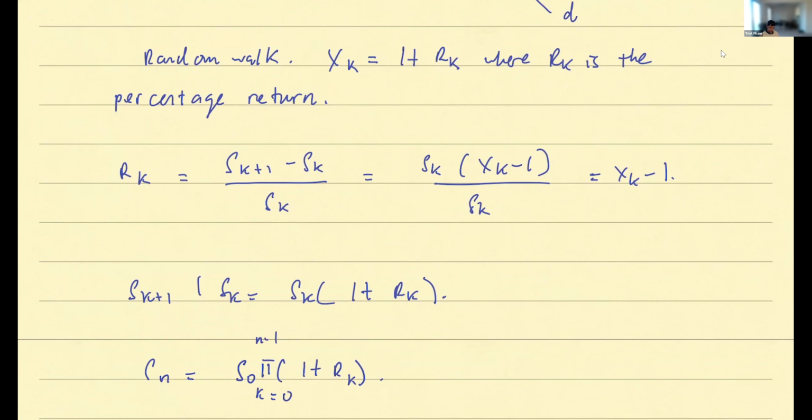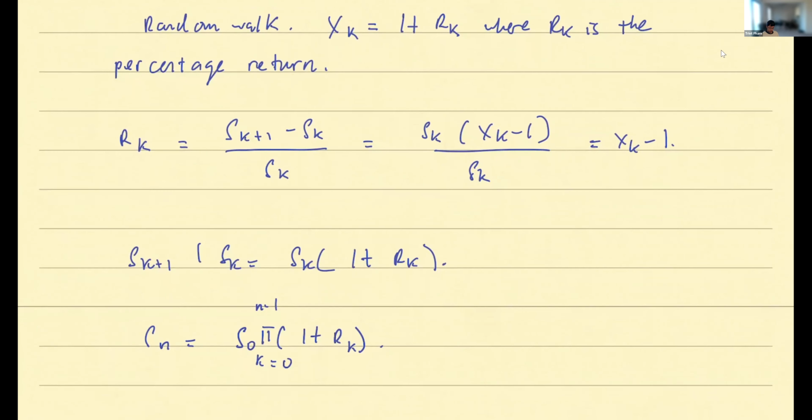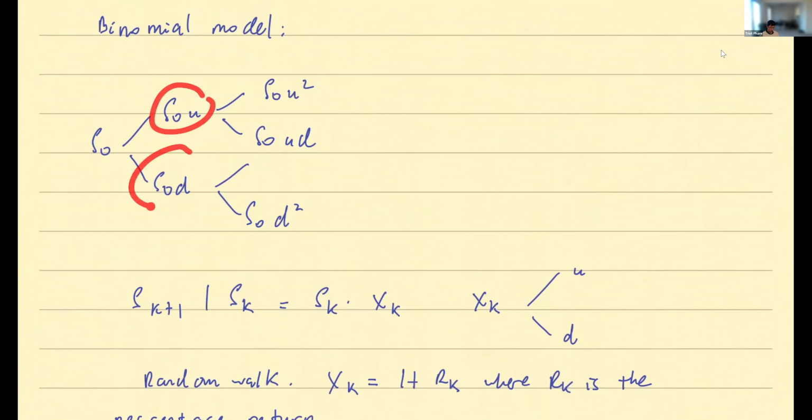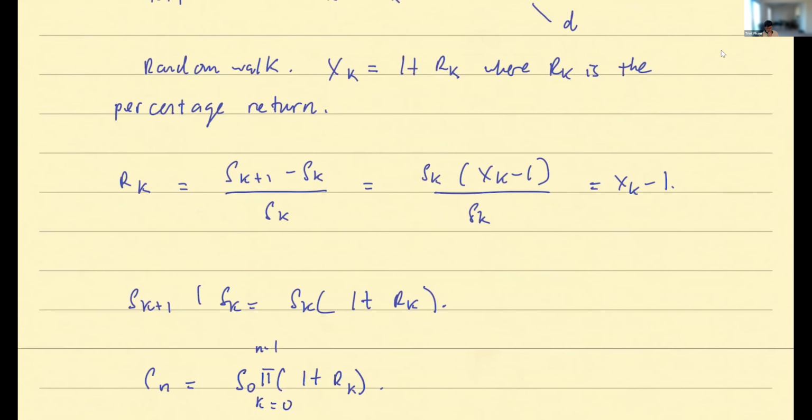Okay, doesn't matter. But basically, the whole point is, in the stock evolution, each time you multiply with 1 plus a percentage return, then you get to the next price point. So when you multiply by U and D, actually you are multiplying with 1 plus percentage return.